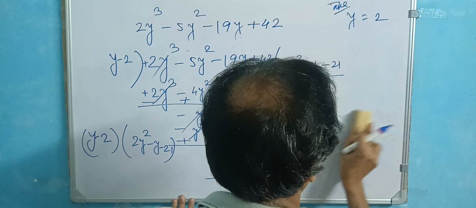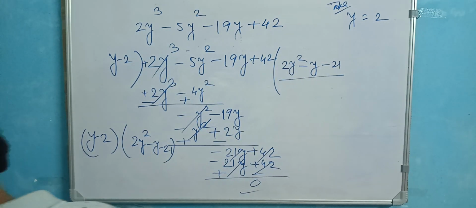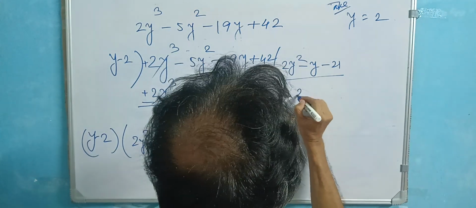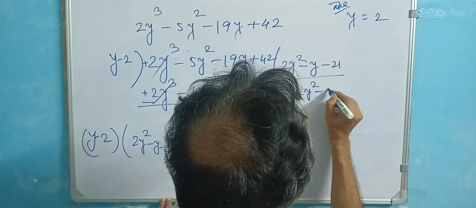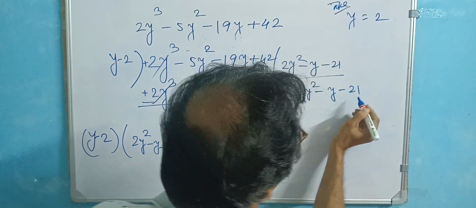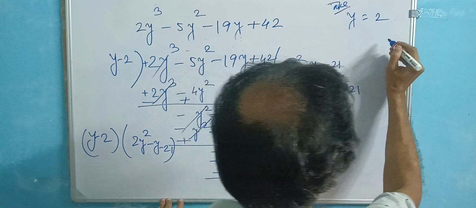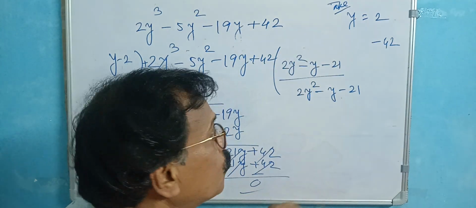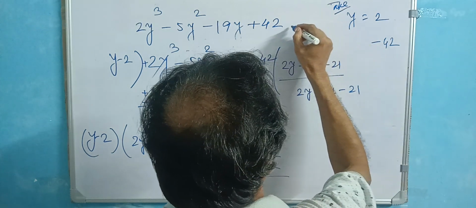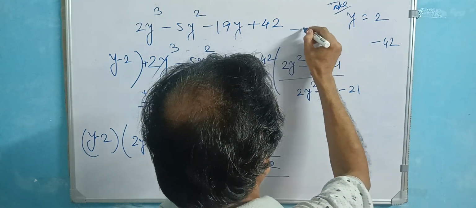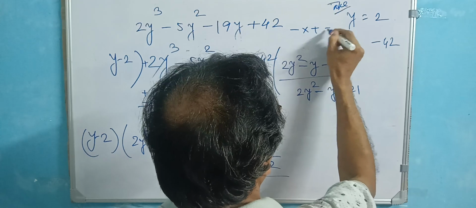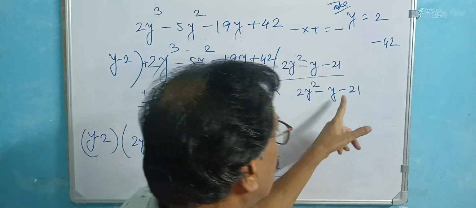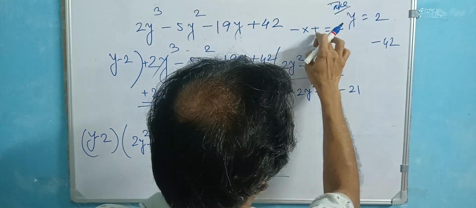Okay. 2y square, if further possible, minus. That means actually 21 into 2 is 42, and minus is possible in this way. Minus into plus only, plus minus minus coming, and here is the minus, so the greater value is minus.